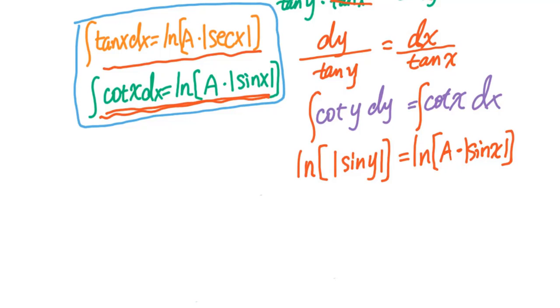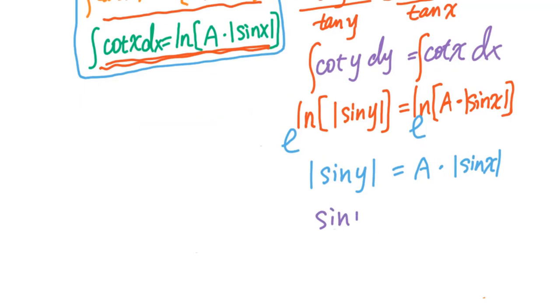So both sides to the e power, you will get absolute value sine y equals a times absolute value of sine x. So sine y equals plus or minus a times sine x. This will be the final solution.